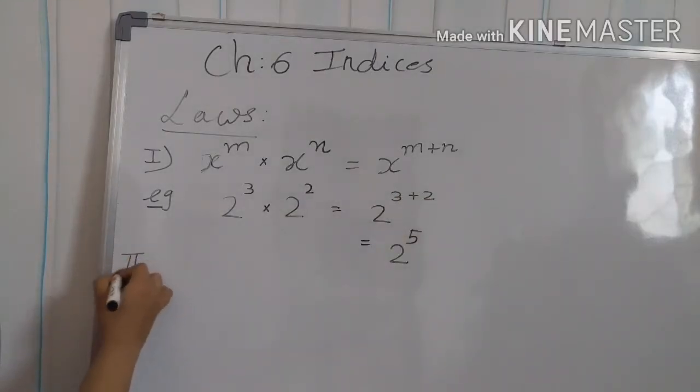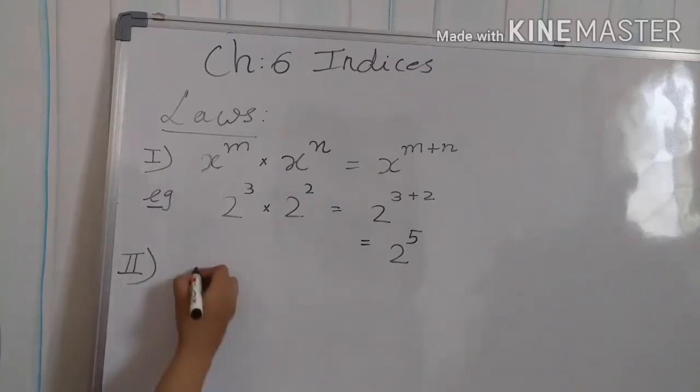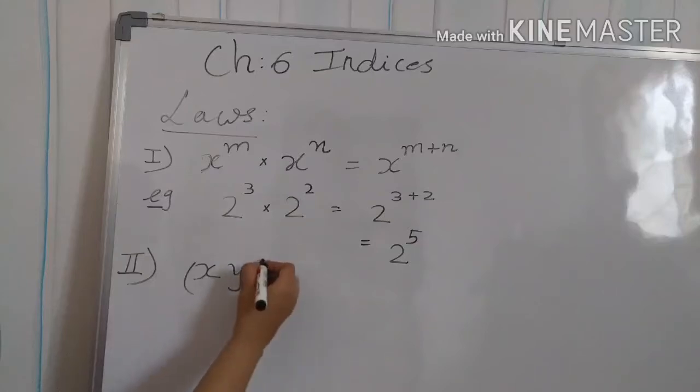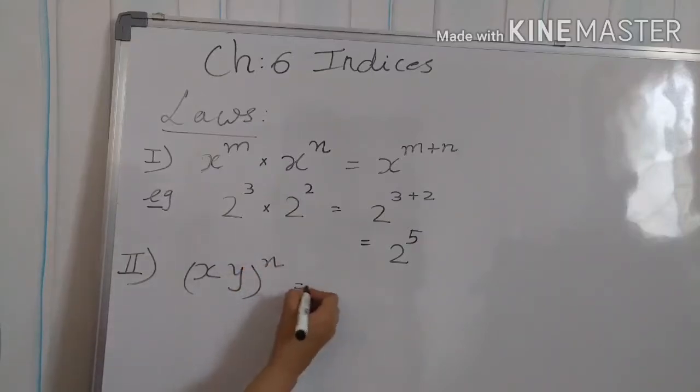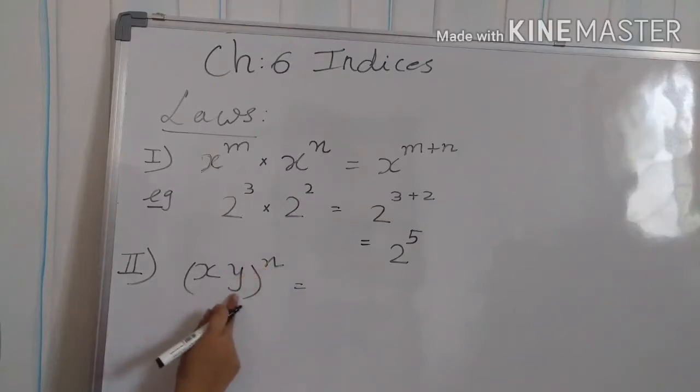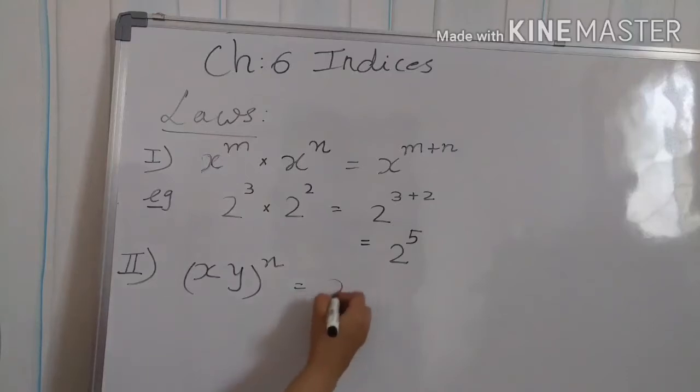Then the second law. In the second law, I have two different variables and there is one power n. So this power n will be with both the variables x and y. So here I can write x raised to n, y raised to n.